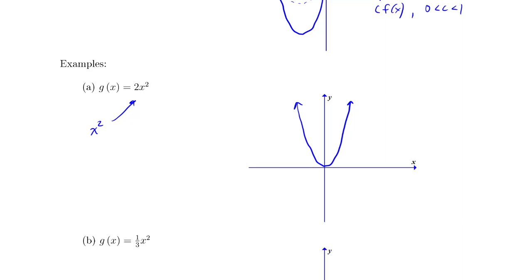I'm multiplying by a number bigger than 1. Oops, I'm sorry. I should have started with the dotted version to be consistent with what I was doing before. So this is x squared. All right, so I'm multiplying by something bigger than 1, so it should stretch this vertically.